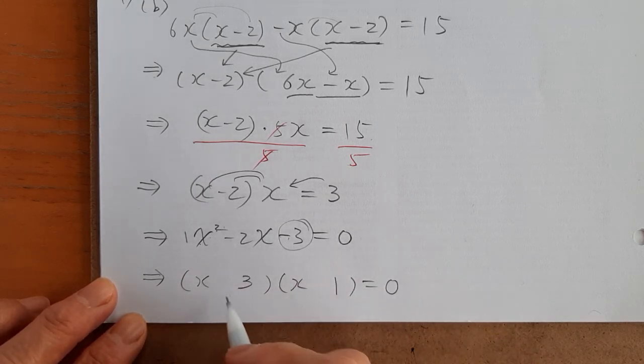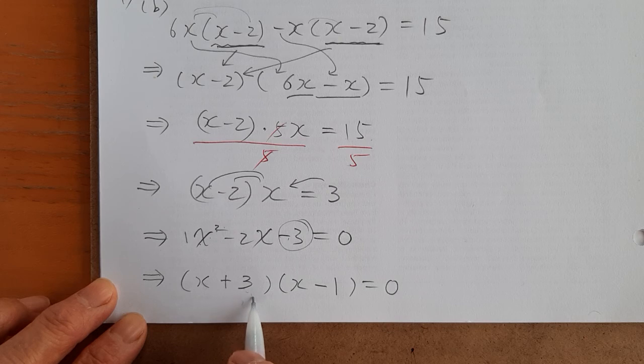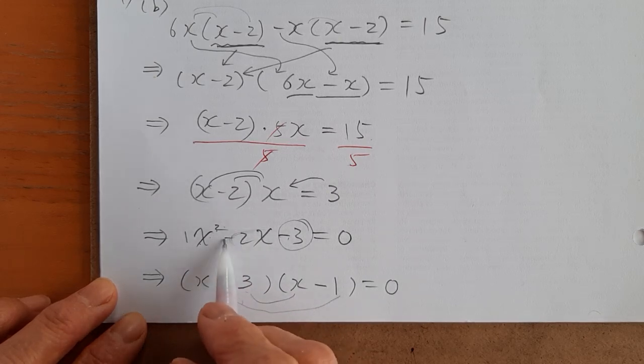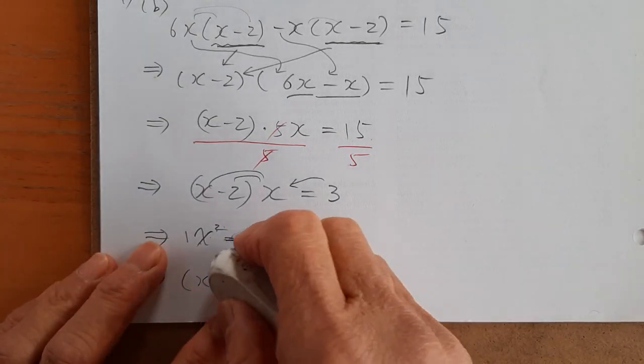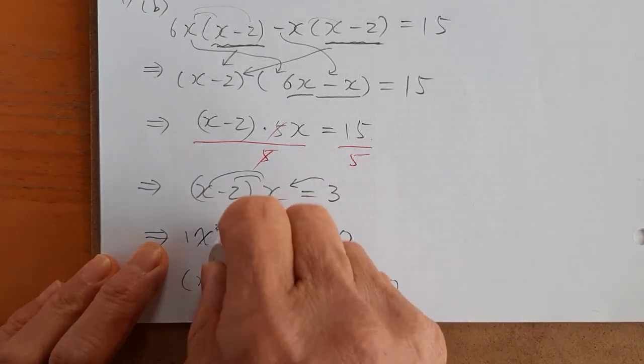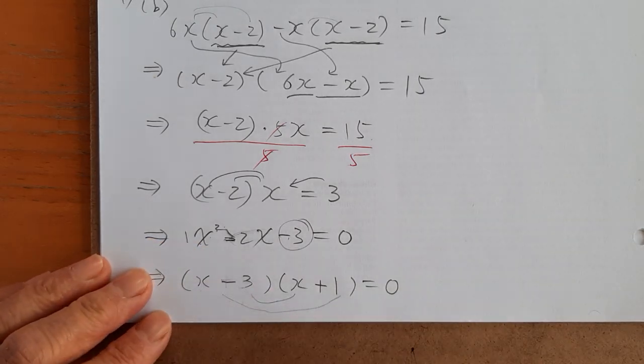Since it's negative 3, we need to put one positive, one negative. If I put this one, then 3x added to negative x is positive 2x. We want minus 2x. So we will change it to minus 3, positive 1.